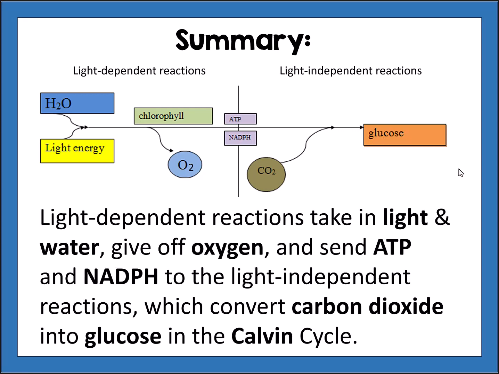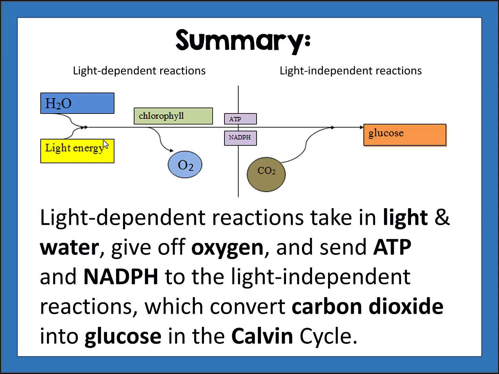So light-dependent reactions take in light energy and water, give off oxygen, and send ATP and NADPH to the light-independent reactions, which are going to convert carbon dioxide into glucose in the Calvin cycle. So hopefully that gives you a little bit of an overview about what's happening in this photosynthesis process.